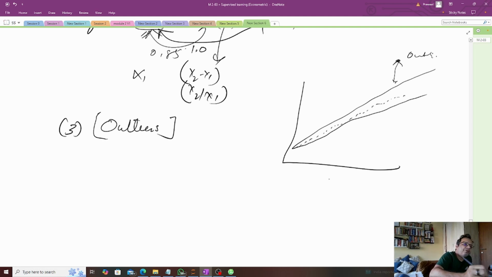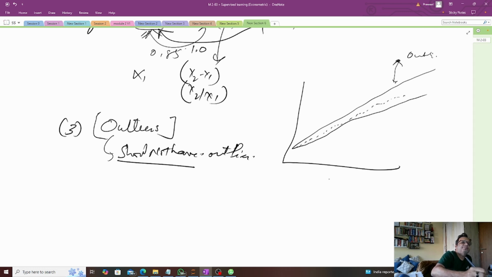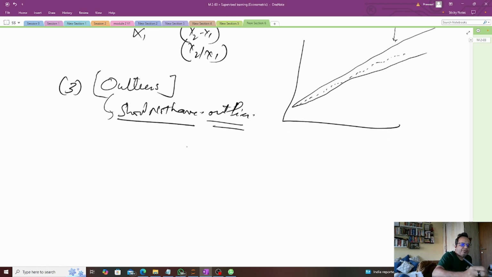So having an outlier in your data can create a lot of problems. You should not have outliers, which is true with most of your algorithms, but in linear regression also this is important. If you do, you should probably deal with the outliers first before you start modeling a linear regression.